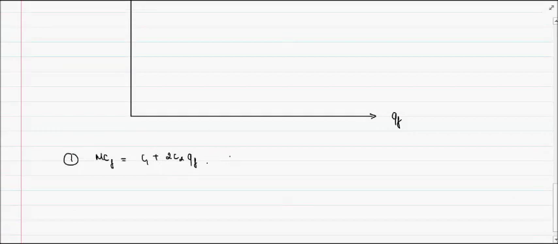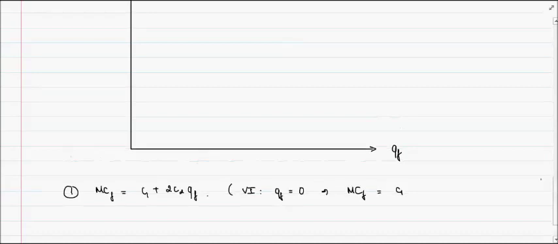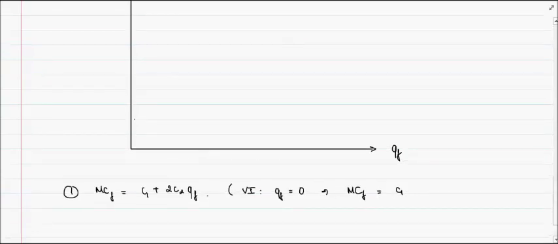So the vertical intercept is where I make QF equal to 0. Then marginal cost is equal to C1, so I know that C1 is the vertical intercept. I will put a point over here, C1.